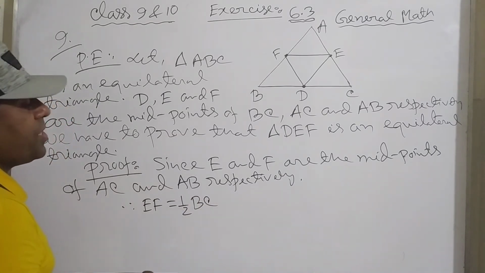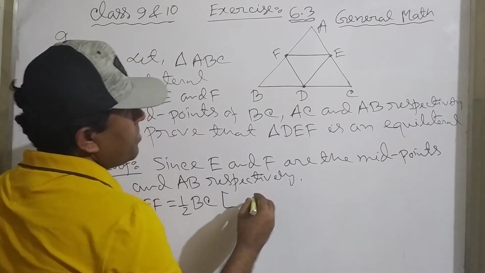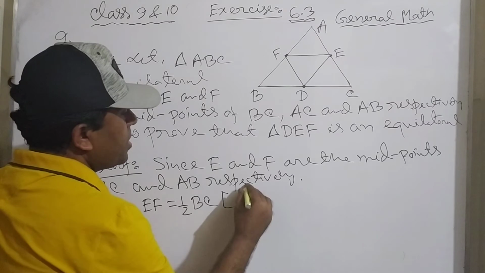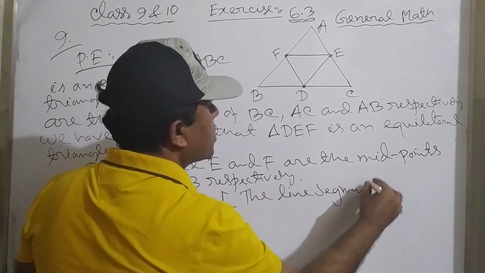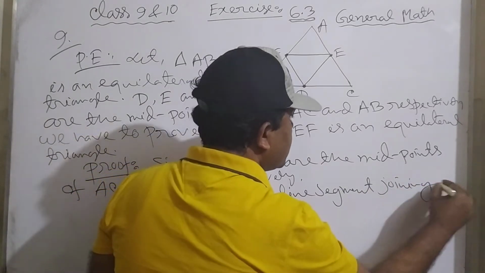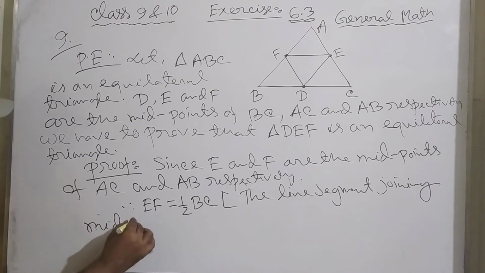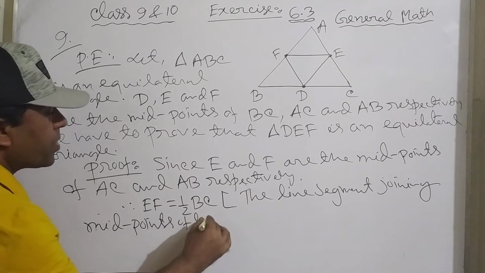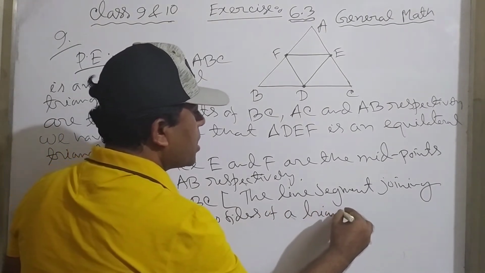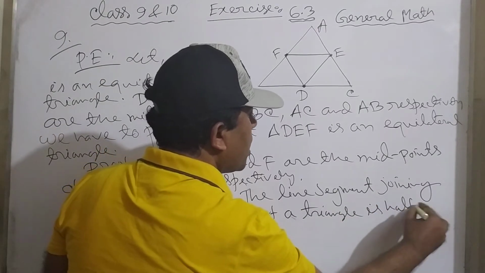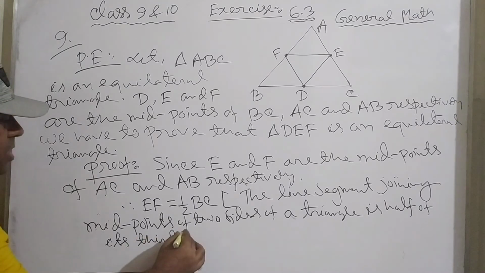The line segment joining the midpoints of two sides of a triangle is parallel to the third side and half of its third side.